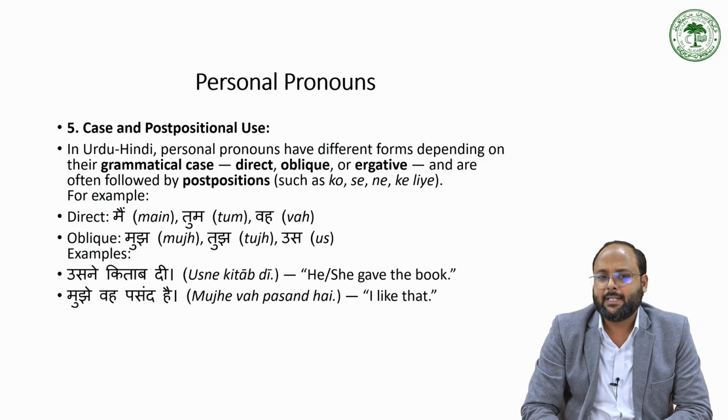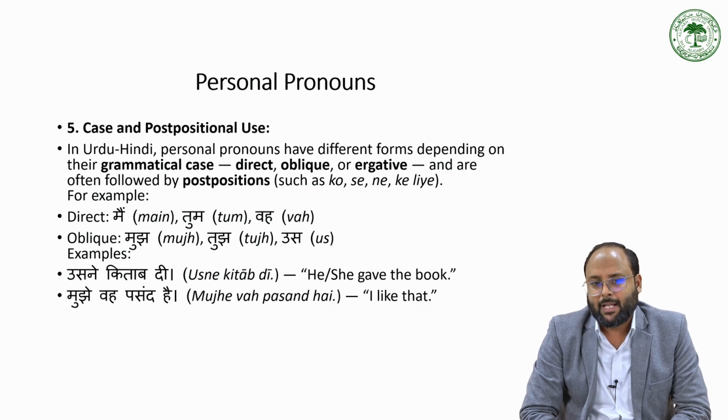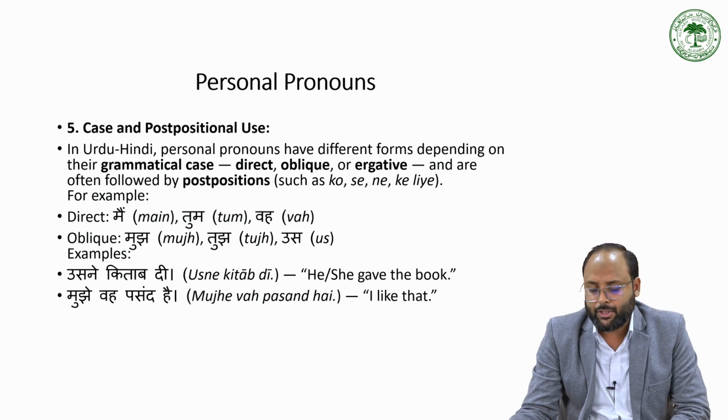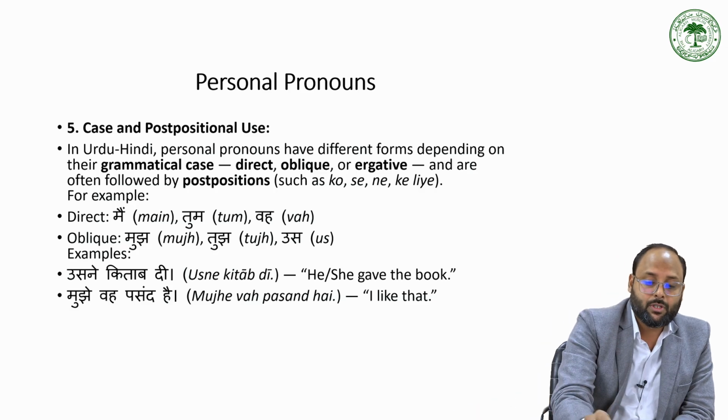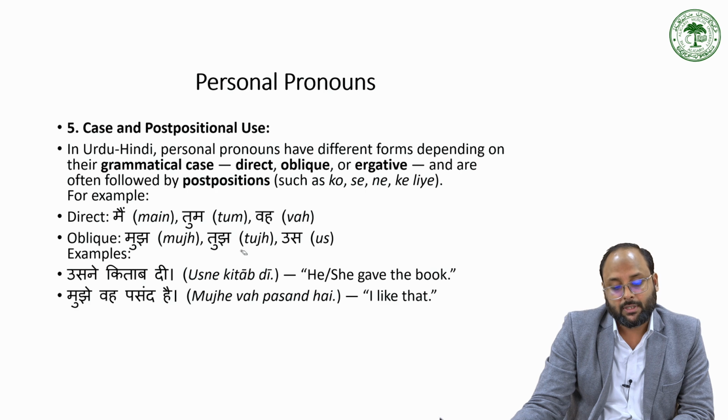So according to the case and postposition, the form will change into the oblique form. Like मैं, तुम and वो change for the oblique into मुझे or मुझको, तुझ or तुझे, उस and उसे.